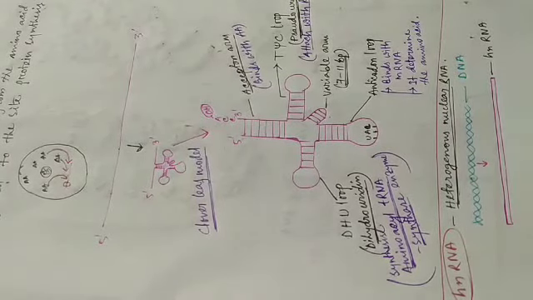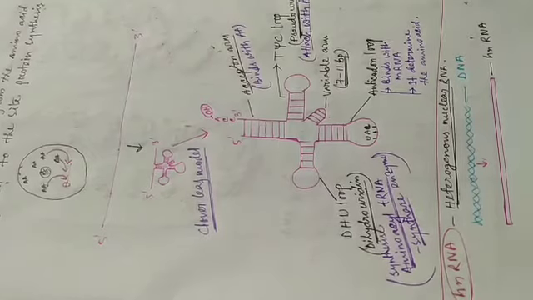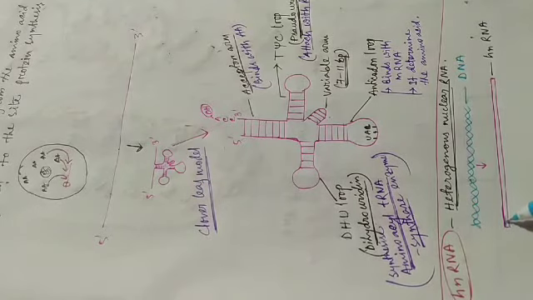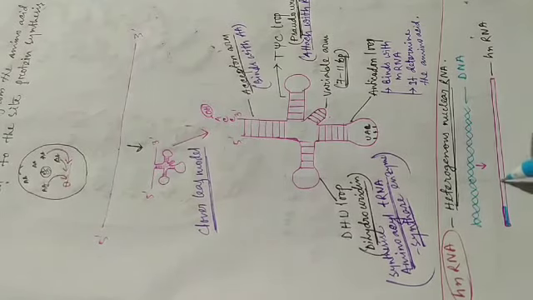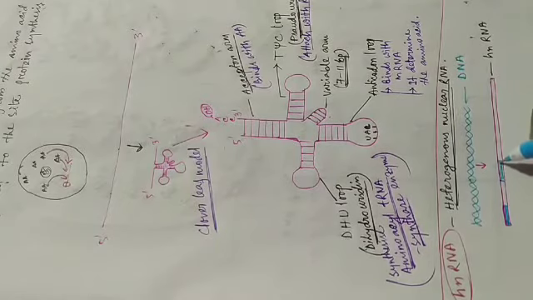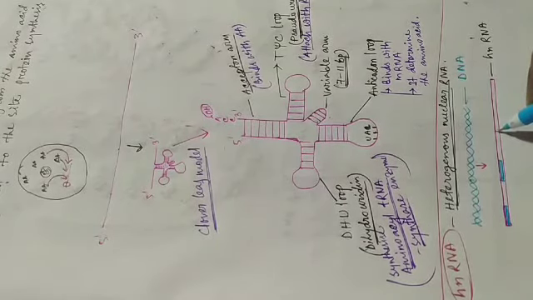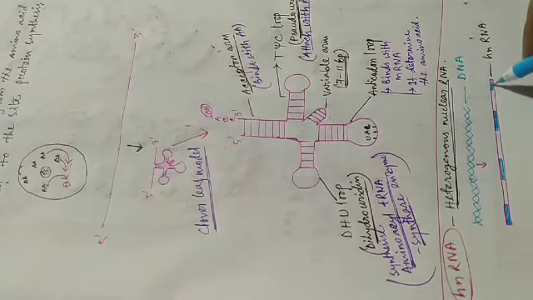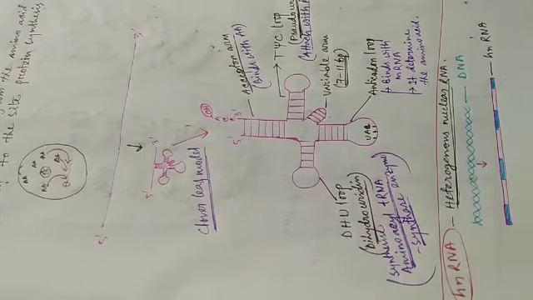It has two parts: an exon part and an intron part. An exon part and an intron part, then another exon part and another intron part are present in this RNA.